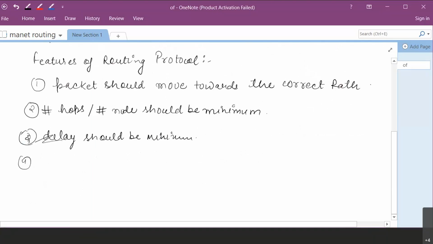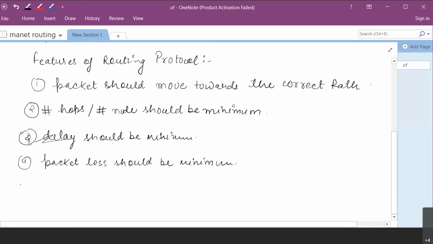So delay should be minimum, as well as packet loss should be minimum. Packet loss happens due to many reasons, like link failure between two nodes, as well as sometimes congestion occurring in the network. That's why packet loss may happen.